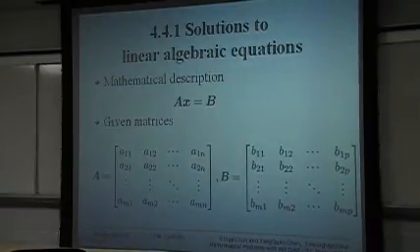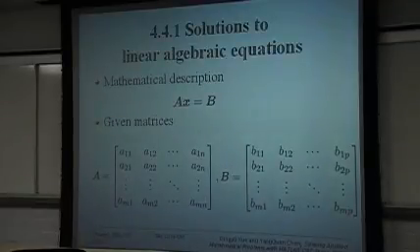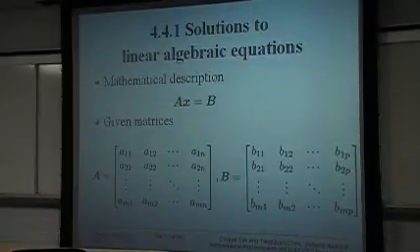Well, we can simply write the solution as X equals A inverse times B. And if A is not invertible, then we can use the pseudo-inverse to solve it. So this seems to be the solution of the original problem. However, in mathematical terms, it is not.